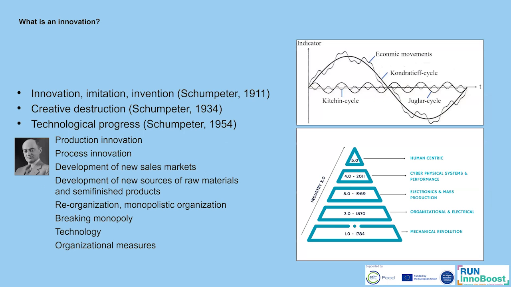But also, we discussed innovation. So when we are talking about creativity and the output, then it is a kind of a product, a composition, a service, or anything else. What is an innovation? What is an imitation? And what is an invention? And here we focused on Schumpeter's definition of innovation, imitation, and invention. So an invention, as Schumpeter defined, is an idea that is never brought to the market.